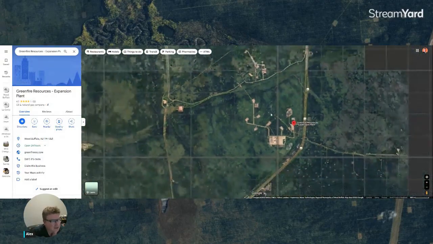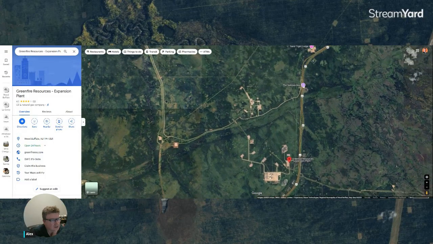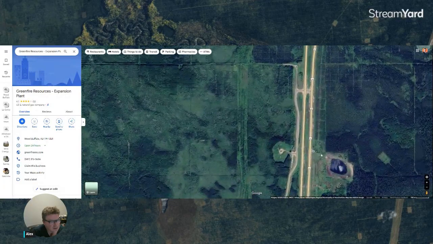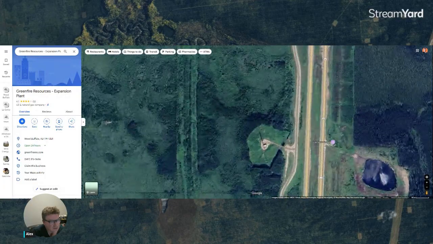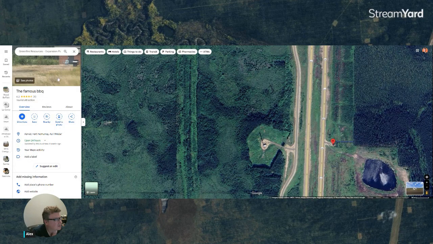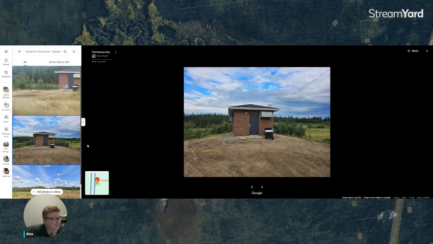Current production between those two assets in Greenfire, so here and here. Oh, look, the famous barbecue. What is that all about? The famous barbecue. Okay, let's take a look. Okay, that doesn't look like a famous barbecue.